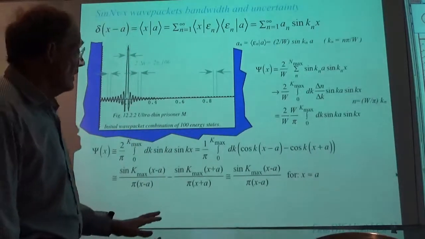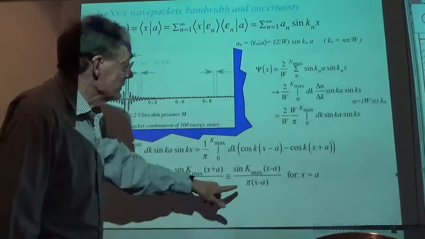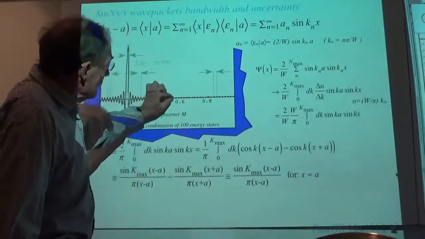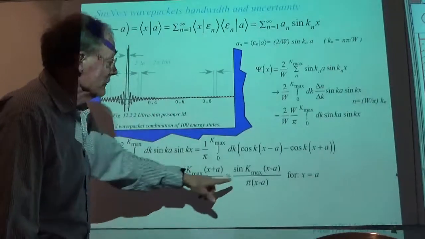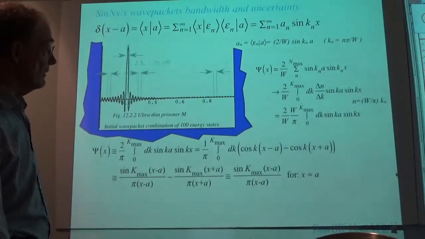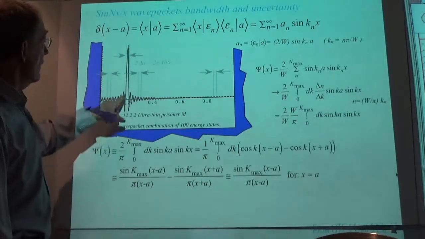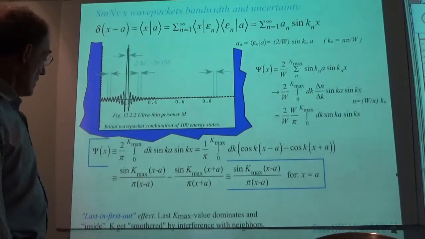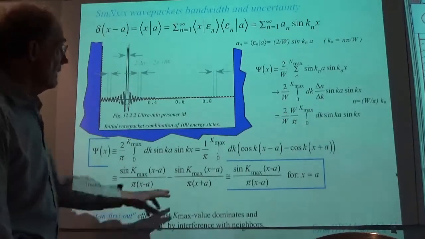This one has the smallest denominator. The other has a large denominator, so it is down here in the noise someplace, but this one's huge. This is the peak region, around the peak at x equal a. So that's what we are seeing right here.